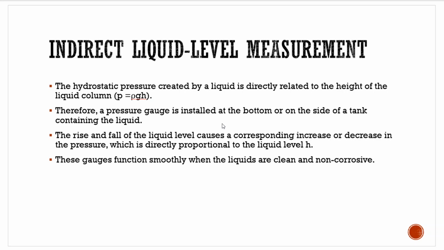That pressure measurement will be proportional to the change in the height, which is the liquid level. So any rise and fall of liquid level will cause an increase or decrease in the hydrostatic pressure, and that pressure measurement can help us determine the liquid level.